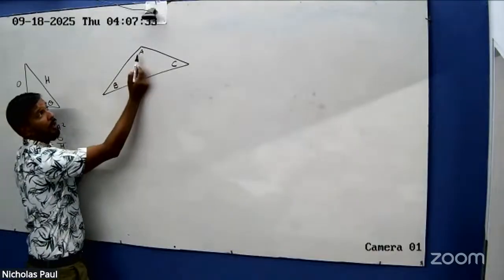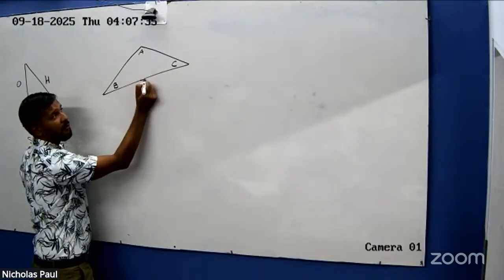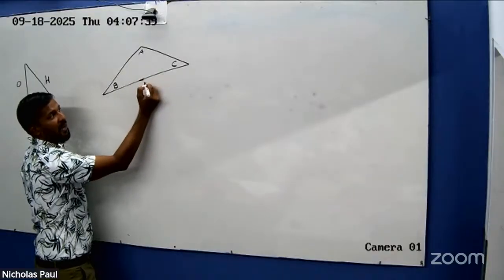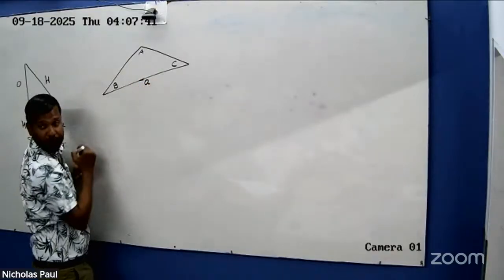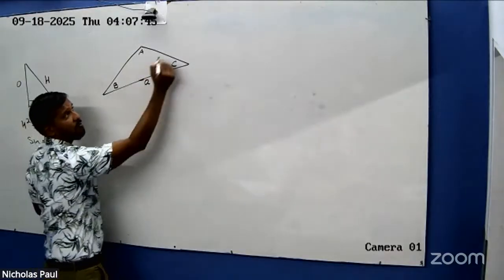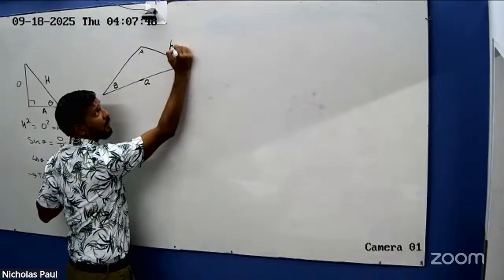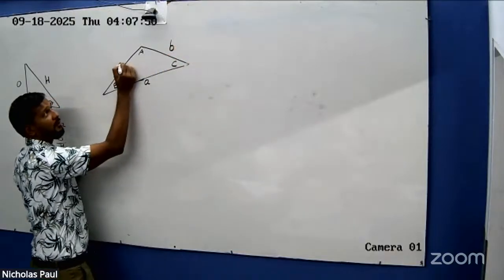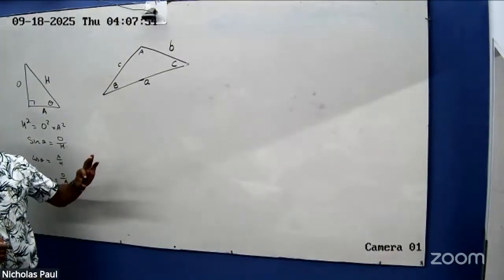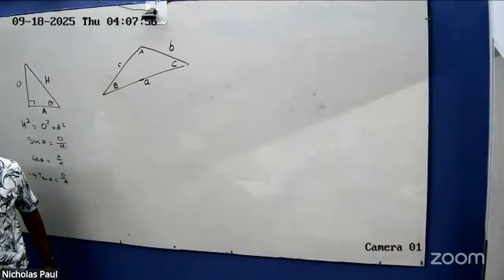Now, opposite the angle is the corresponding length, and the length is in lowercase. So if here is lowercase a, what is here? b, and what will here be? c. That's the way we label it. You okay with that? Right.